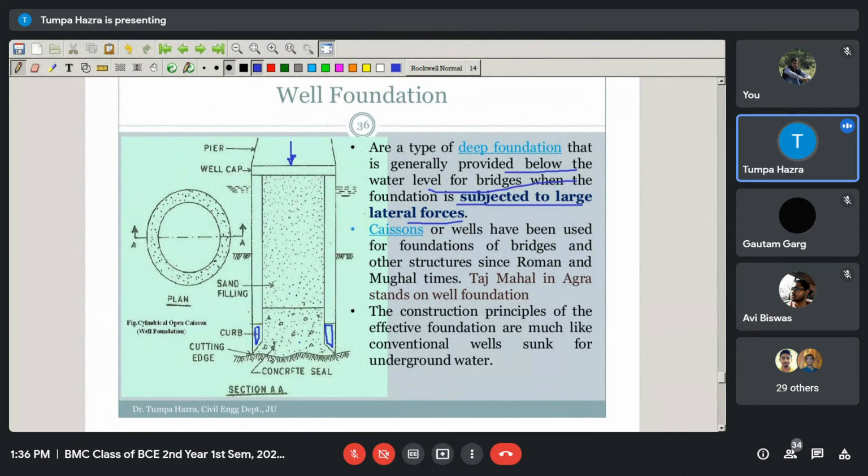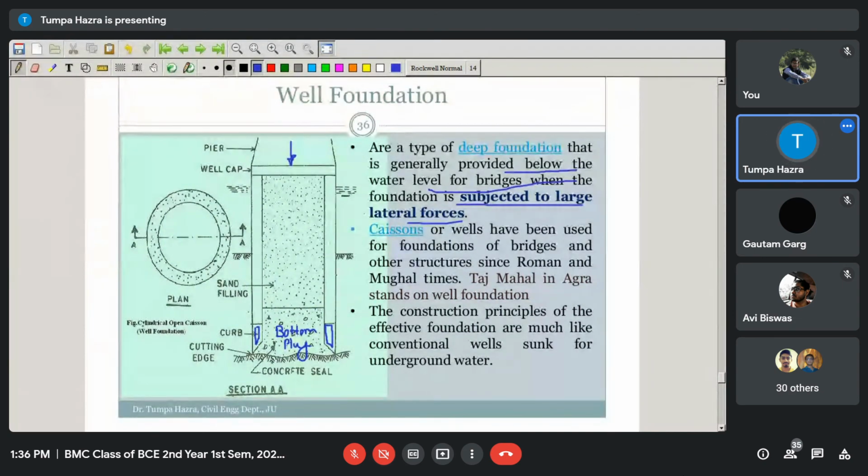Okay, and then you have to construct the bottom plug. This is known as the bottom plug. This is the hollow structure, so the bottom plug will be sealed, and then the well staining.